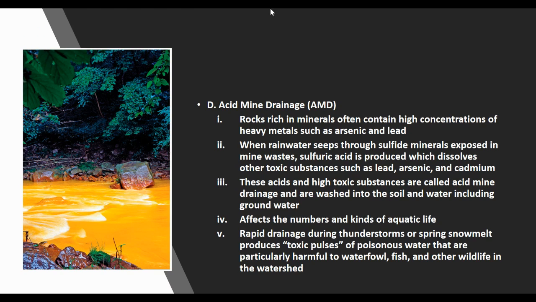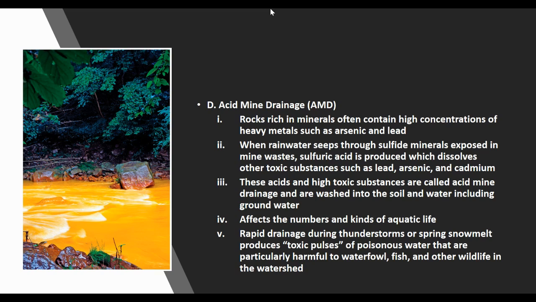And the last one I want to talk about is what's known as acid mine drainage. So in this effect, we see that rocks that are rich in minerals, that are often high in concentrations of heavy metals like arsenic and lead, when it rains, that rainwater is going to seep through the sulfide minerals exposed in our mine waste.